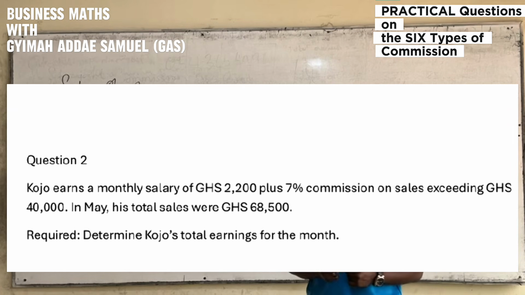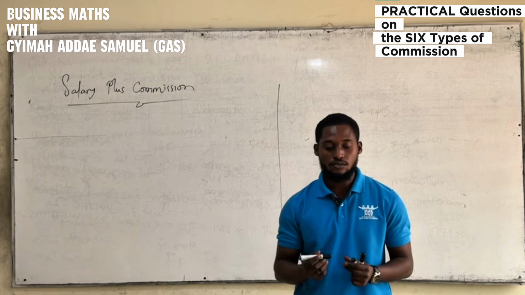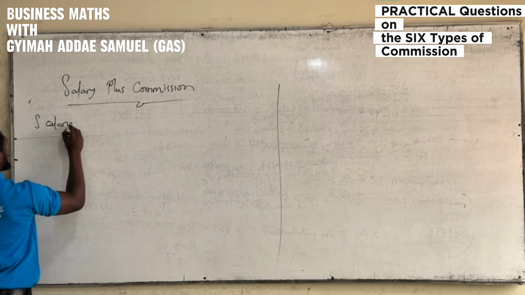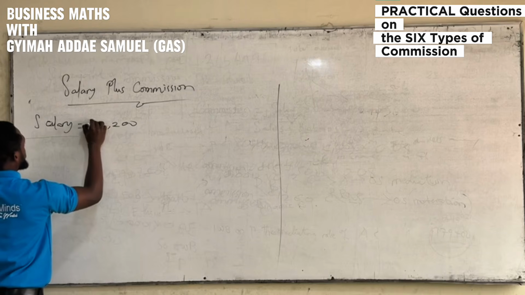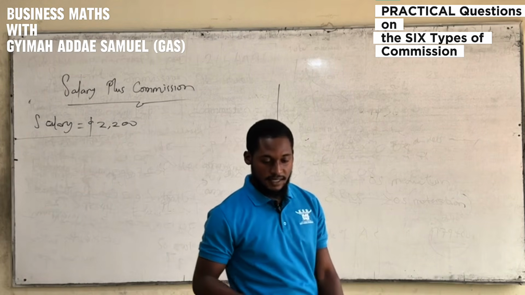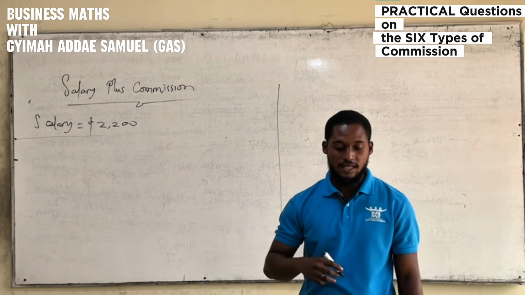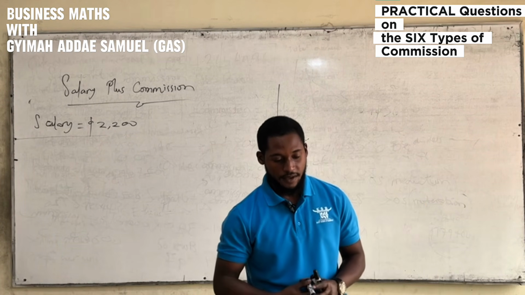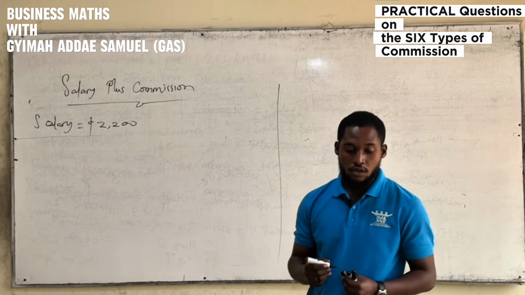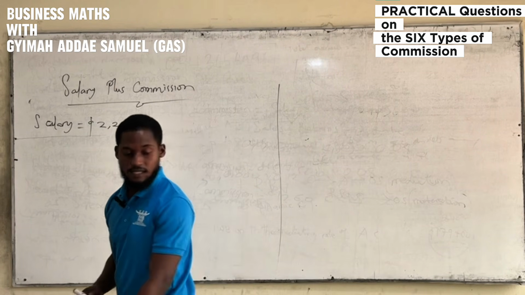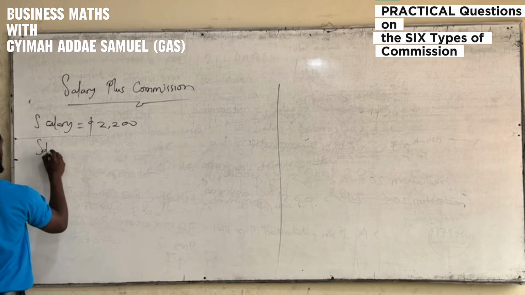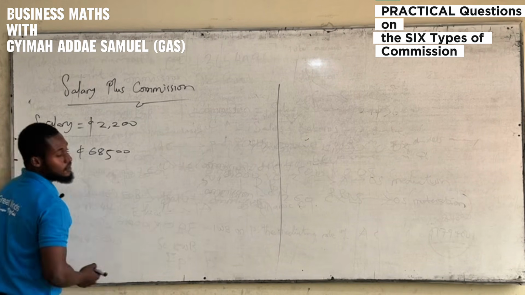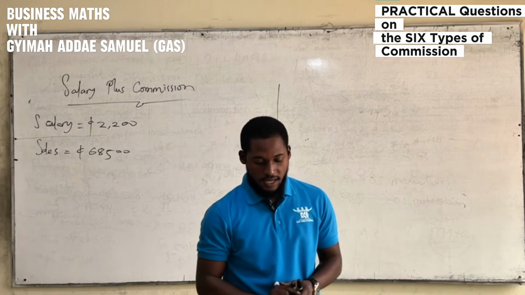So now let's break down the apparatus. Monthly salary is 2,200 Ghana cedis plus 7% commission on sales exceeding 40,000. In May, his total sales were 68,500 Ghana cedis.